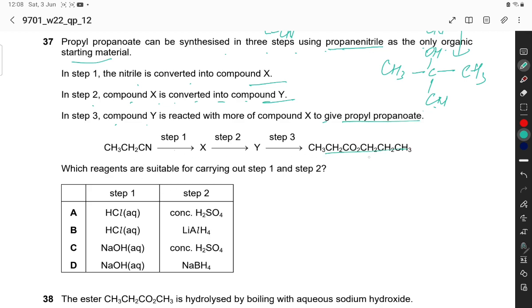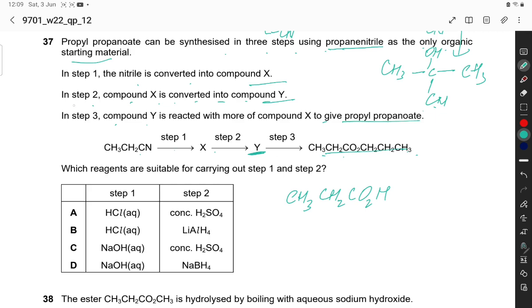If propyl propanoate is hydrolyzed, X is CH3CH2CO2H, and in step 3 an ester is formed again. So what should be formed at Y?